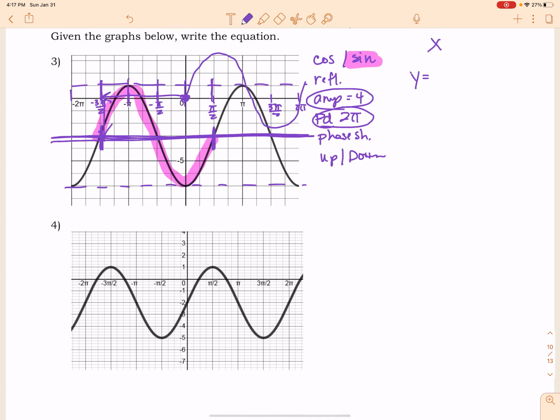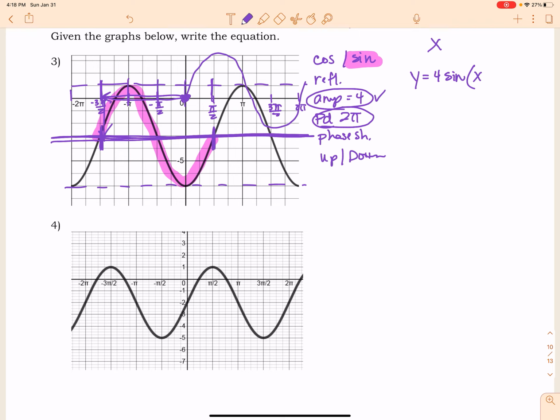So let's start with this. Let's look at y equals, and I've got 4 times the sine. So that takes care of that. The period is 2 pi, so there's just not going to be anything there, okay? And then x, so I have to consider which way did this shift? Well, it shifted from my origin over to negative 3 pi over 2.